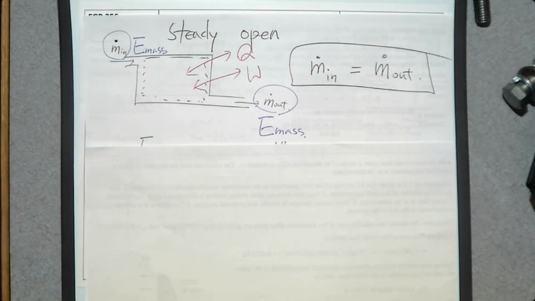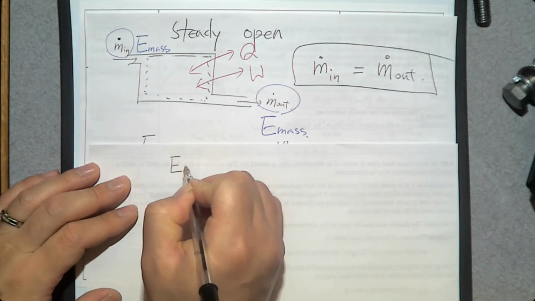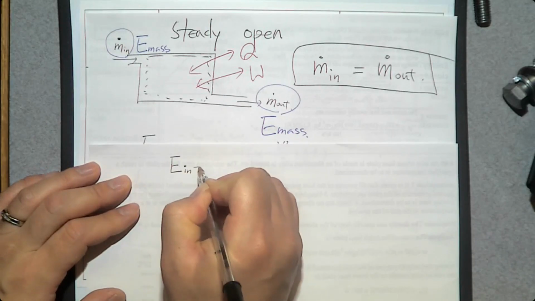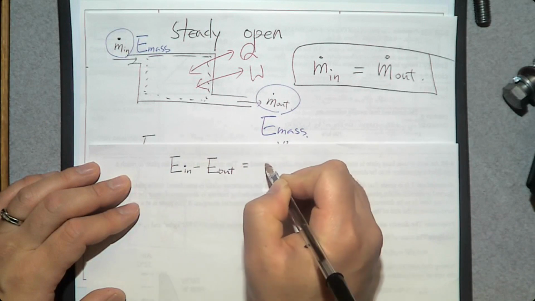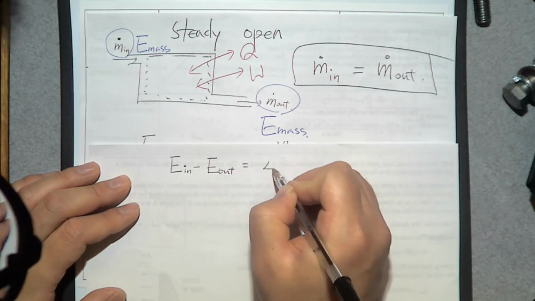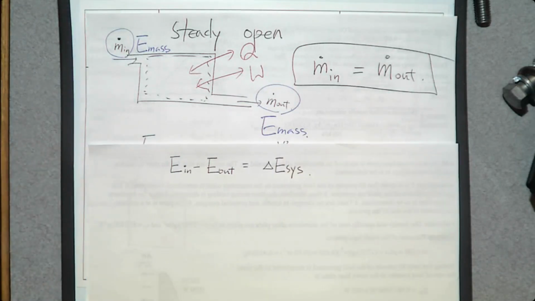So what is the concept of energy balance? Conservation of energy principle. Energy transfer into a system minus energy transfer out of a system should be the same as the change of energy of a system, right?